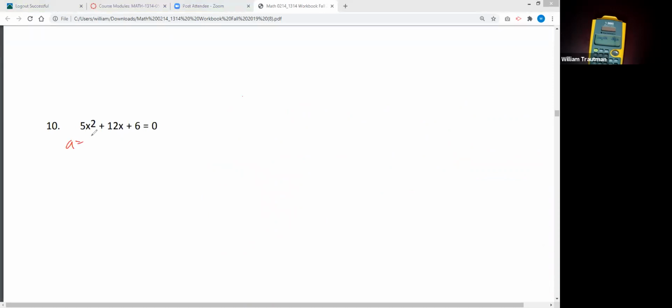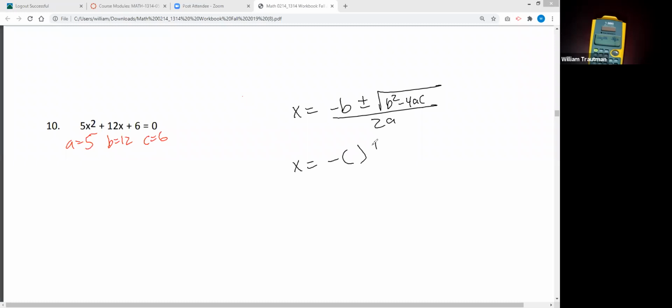A equals 5, B equals 12, and C equals 6. The formula is x equals negative b plus or minus the square root of b squared minus 4 times a times c, all over 2 times a.